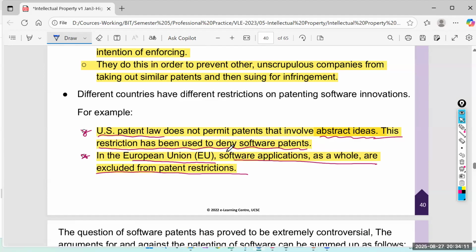Some countries, especially the USA, very rarely grant patents to software because they consider software a very abstract concept. But the European Union is somewhat relaxed on that and tends to provide more patents to software as well. So it is how they look at software, how they look at what is innovation and so on.